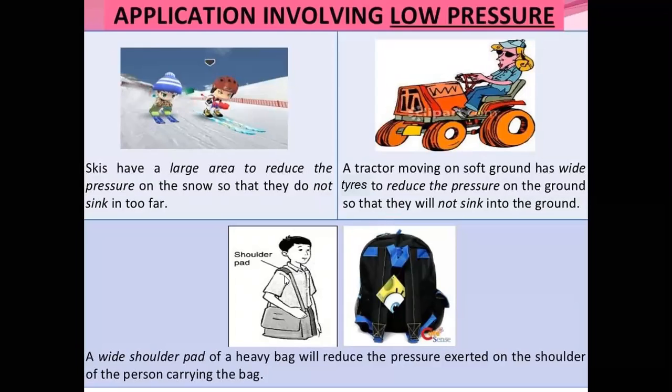Look at your bag. In your bag, a shoulder pad is inserted in the belt. The area of the shoulder pad is more than the belt. Then we don't feel hurt while carrying our books. Therefore, bags are made flat.